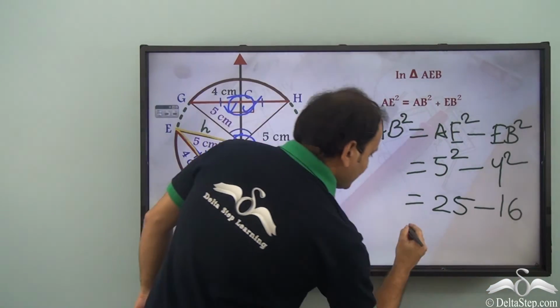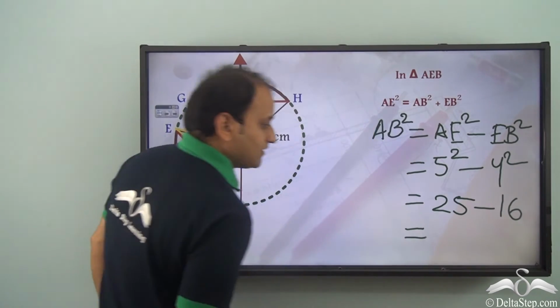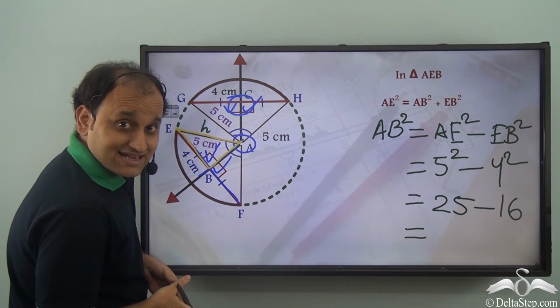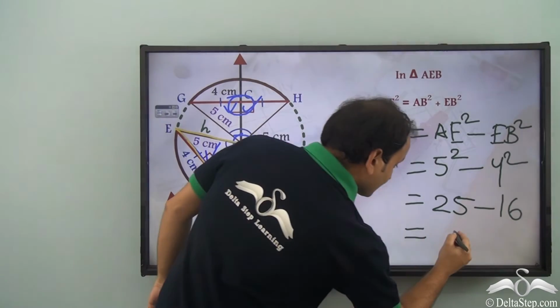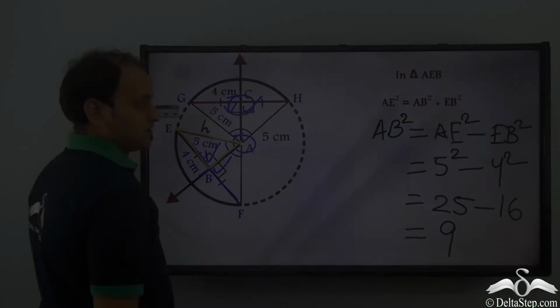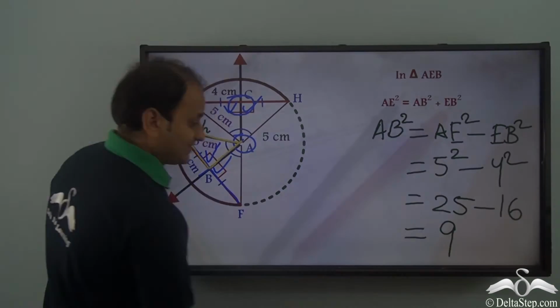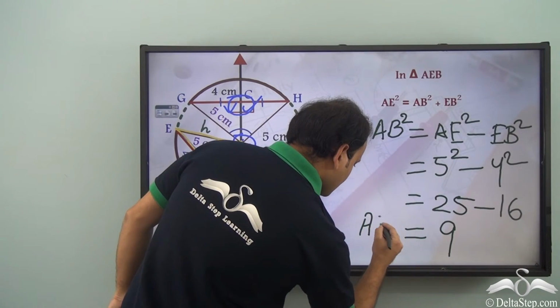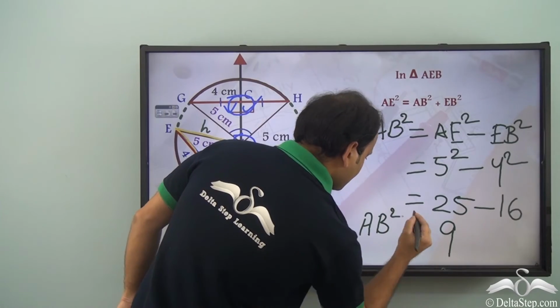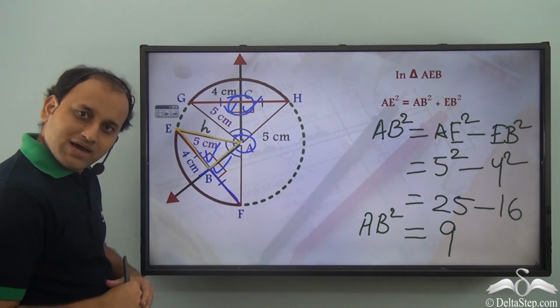And what do we get? So the answer is 9. So AB square is equal to 9.